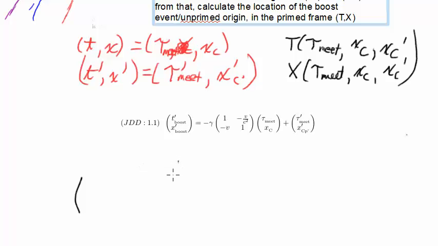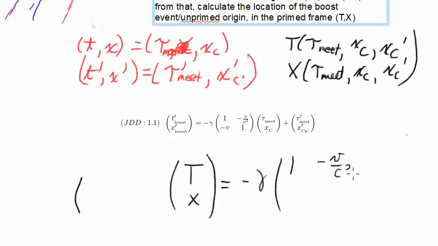So capital T and capital X, which is T prime boost and X prime boost, equals negative gamma, and then 1 minus V over C squared, negative V, 1. And then the tau meet, that's one of the variables we already have.